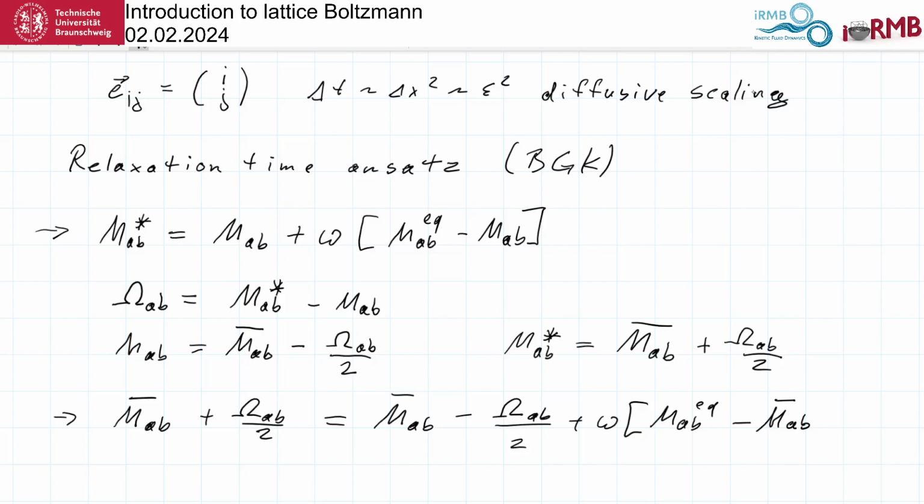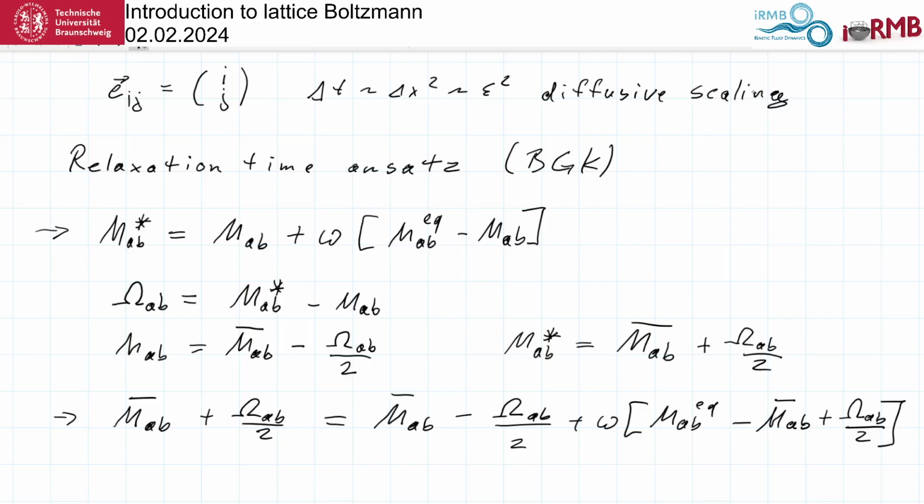Here we have to subtract the collision operator, and because we have a minus in front of it, we write it with plus Omega_AB.